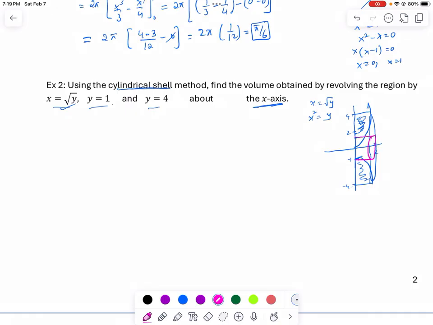This will be a typical cylinder. So notice here now the radius will be y because it's a vertical distance, and the height is a horizontal distance.